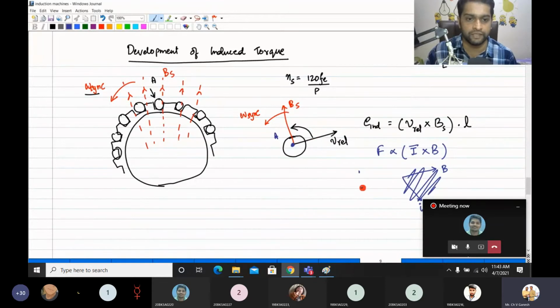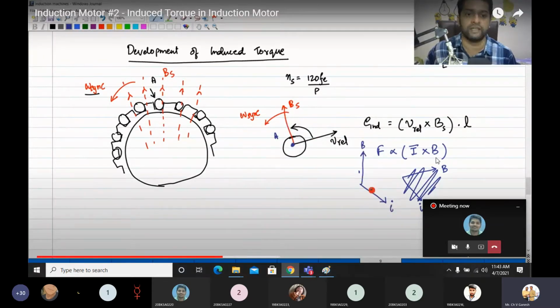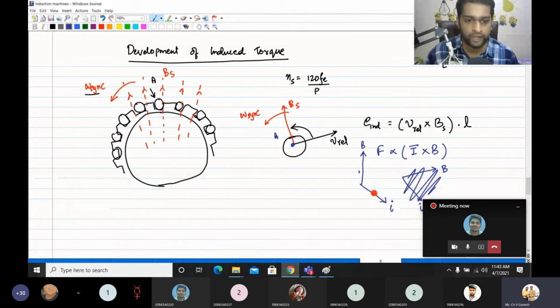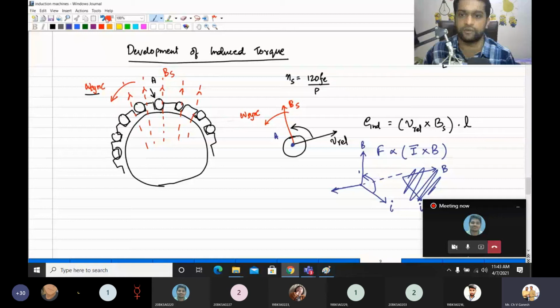So three-dimensionally, the force will be I cross B, which means take I and cross with B. Therefore, the force will be in either this direction or this direction, right? Cross products are always perpendicular. So I cross B is now in the counterclockwise direction here, so the force will be in this direction. This will be the direction of the force which is produced in the motor.